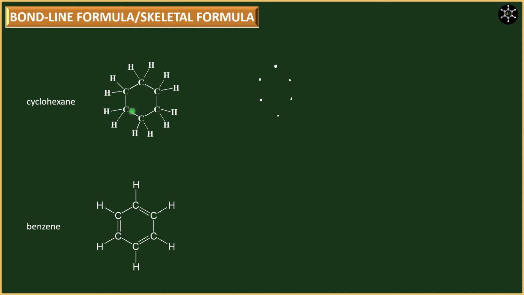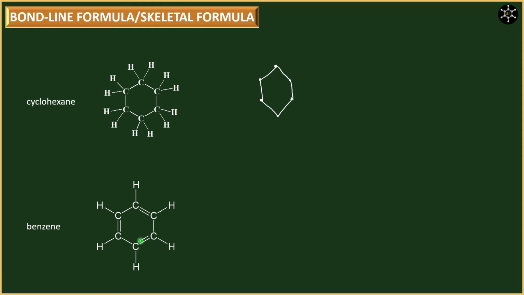Between the carbon atoms, we have single bonds, so we will be connecting the dots by a single line. This looks almost like a hexagon. Since rest of the atoms are hydrogen, we can ignore them. This is the bond line representation for cyclohexane.